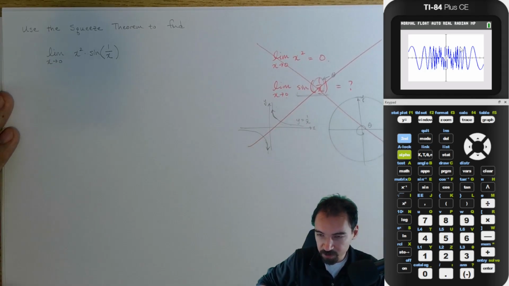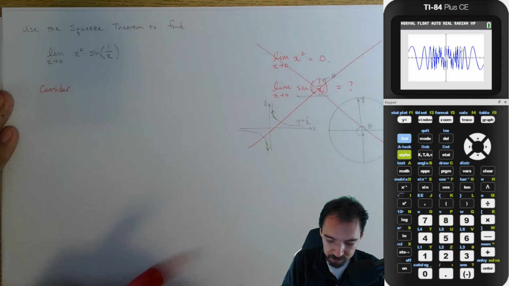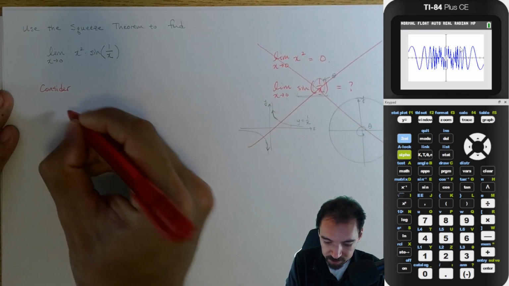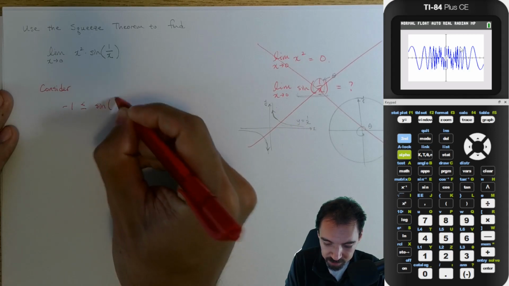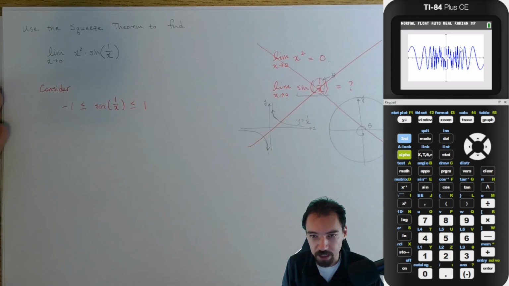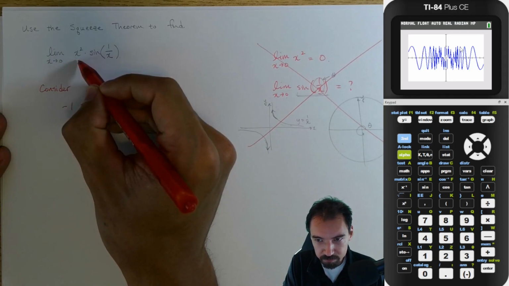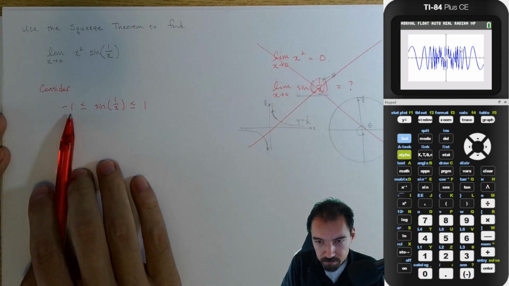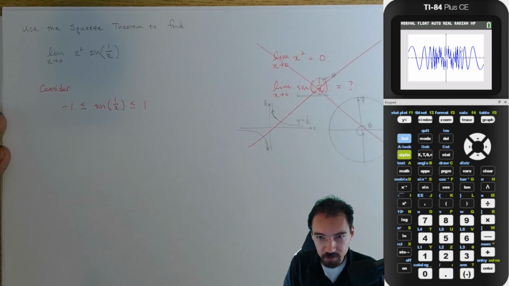So what I'm going to do here is I'm going to write, consider the following statement. -1 is less than or equal to sine of 1 over x, which is less than or equal to +1. Now, this we know is a true statement. Now, the next thing I'm going to say is, all right, x squared, as a number, if I multiply those three things by x squared, I should be able to preserve those inequalities.